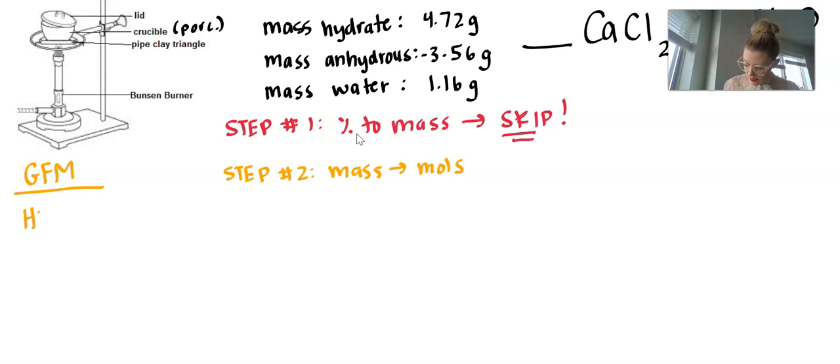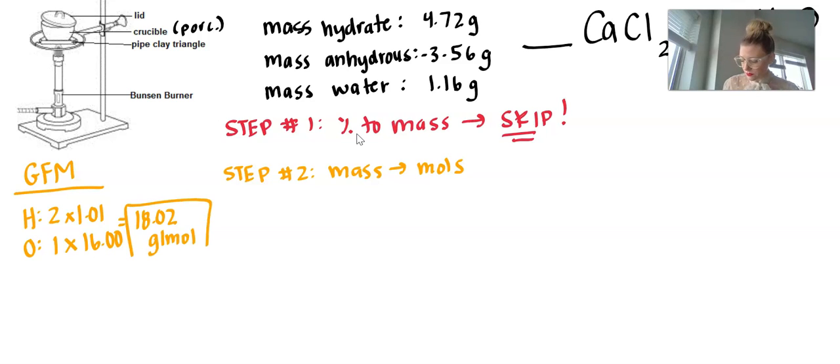So for water, we have H and O, 2 H's and 1 O. And we're going to multiply those by their atomic masses. Again, I like to round to the hundredths place. This gives me a total of 18.02, and again, units are grams per mole for water. And for calcium chloride, I have Ca and Cl, 1 Ca for every 2 Cl's.